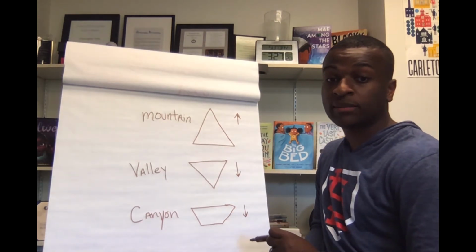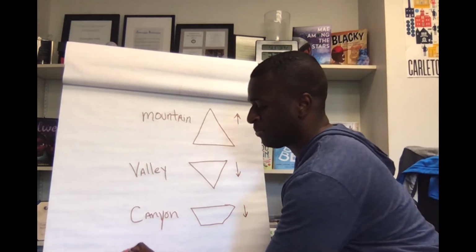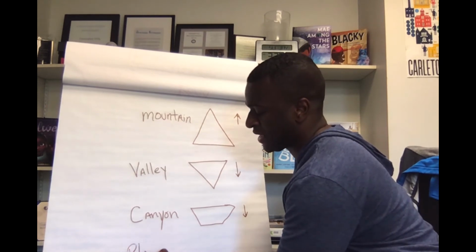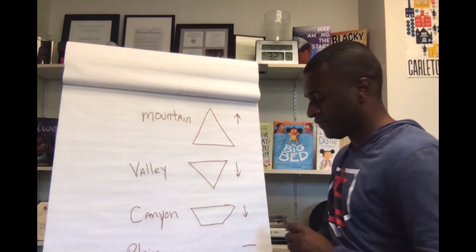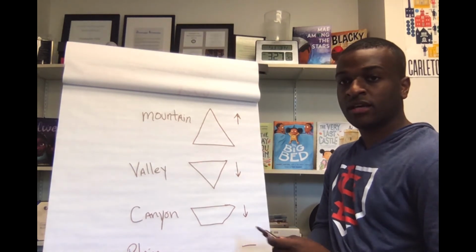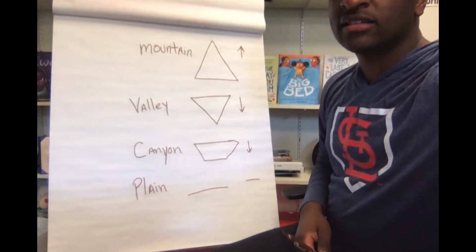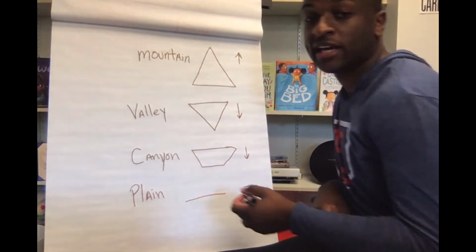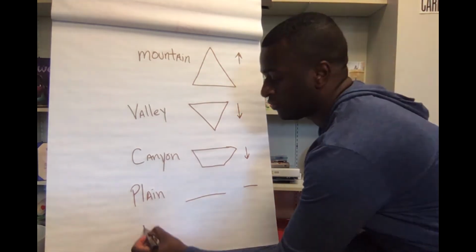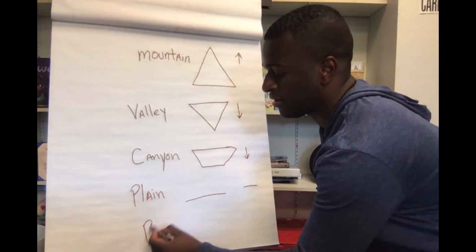Another one is a plain, and a plain is just like it sounds. It's plain, and it stays flat. I'll make sure you get to see it. And the last one I want to talk about today is a plateau. Let's make sure you can see that.